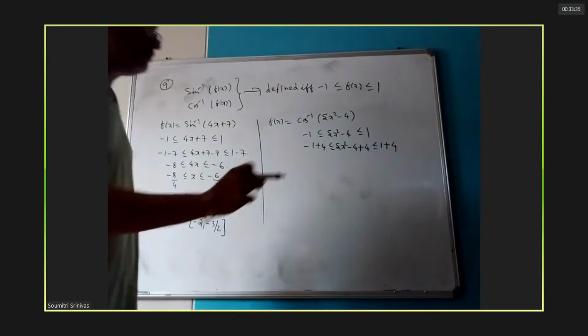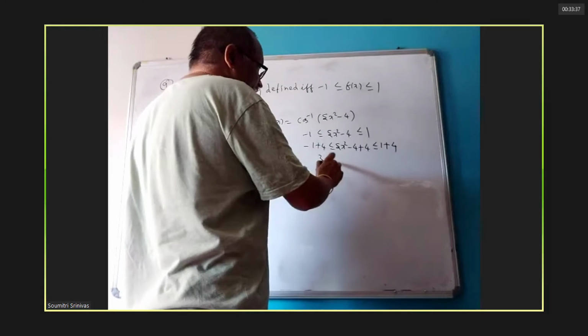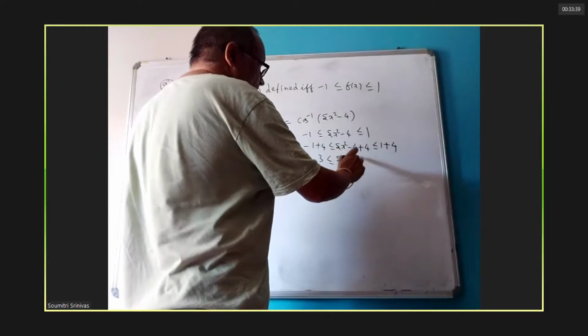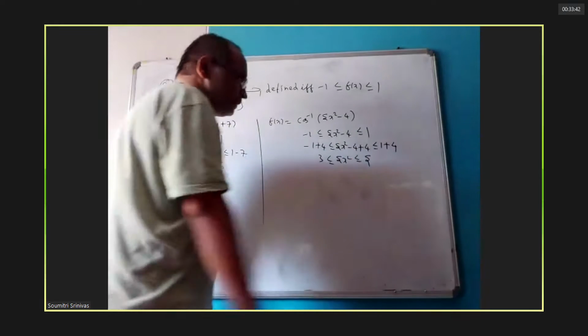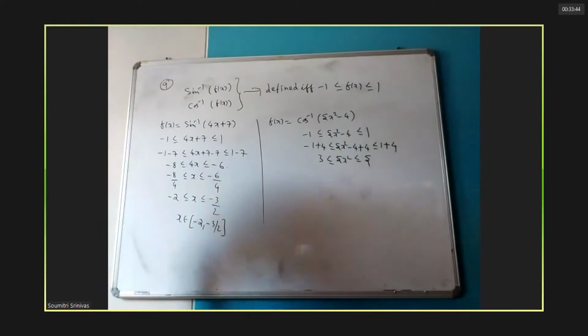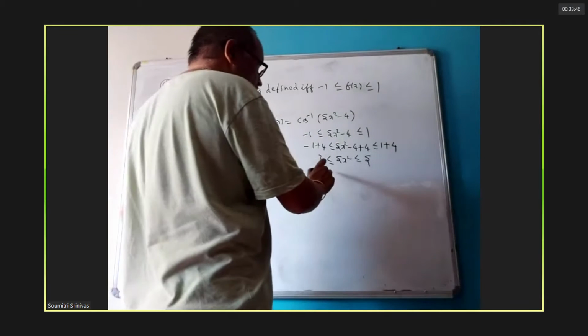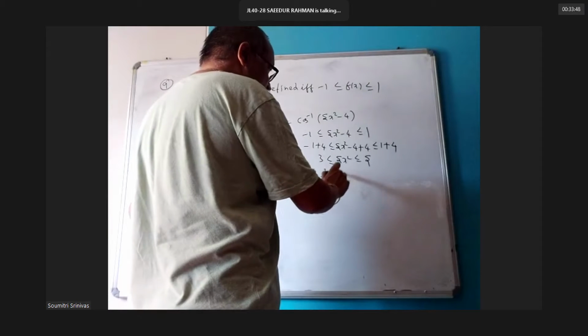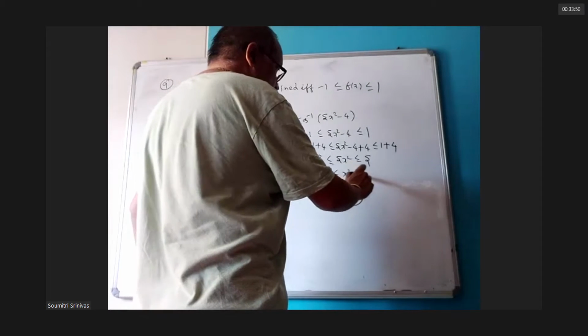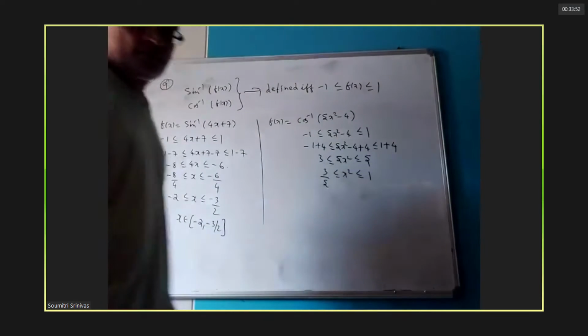What will I get? 3, divided by 5. What will I get? 3 by 5. Correct? Yes, sir.